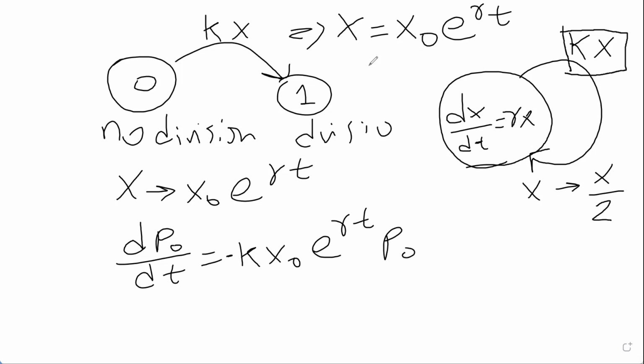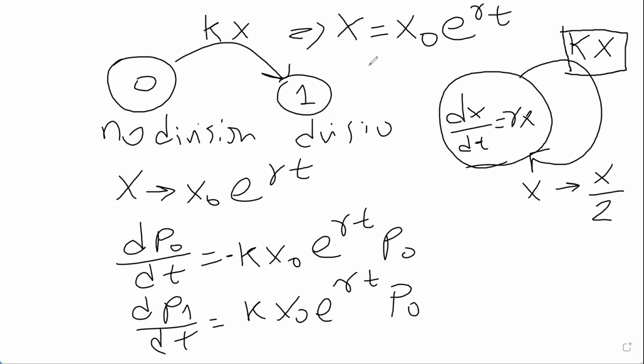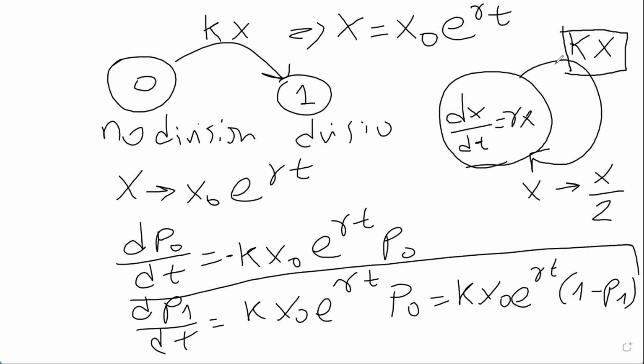It's negative because there's an efflux. And dp1 over dt is equal to k x0 e to the gamma t p0, that is equivalent to k x0 e to the gamma t times 1 minus p1, because p0 plus p1 is 1. So I can solve this equation.